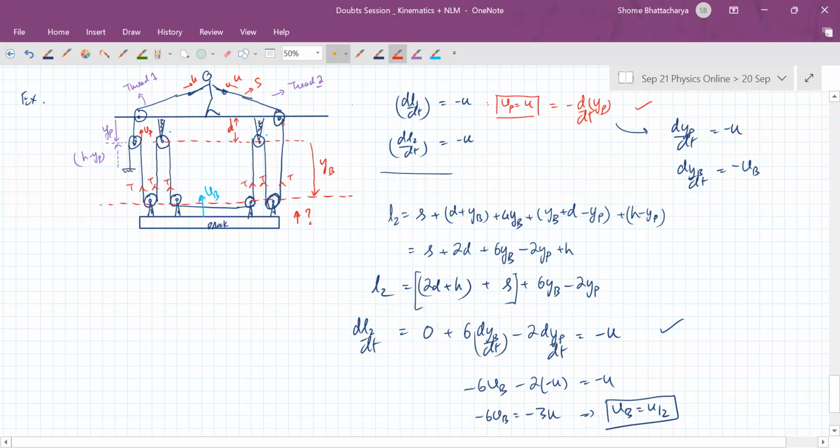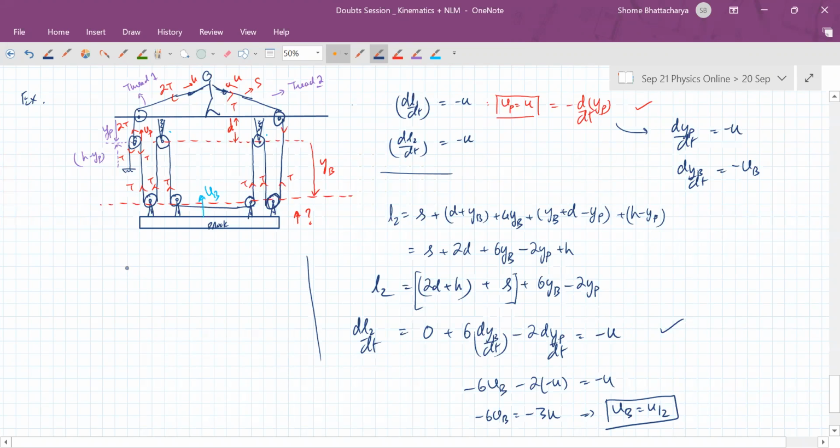Okay. 6 is acting on this. Actually, sir, the answer is 3u by 2. I checked it below. Just a minute. Option B is correct, it is shown. Okay, just give me a minute. I'll verify this once. Because this is a very lengthy way of doing the question actually.